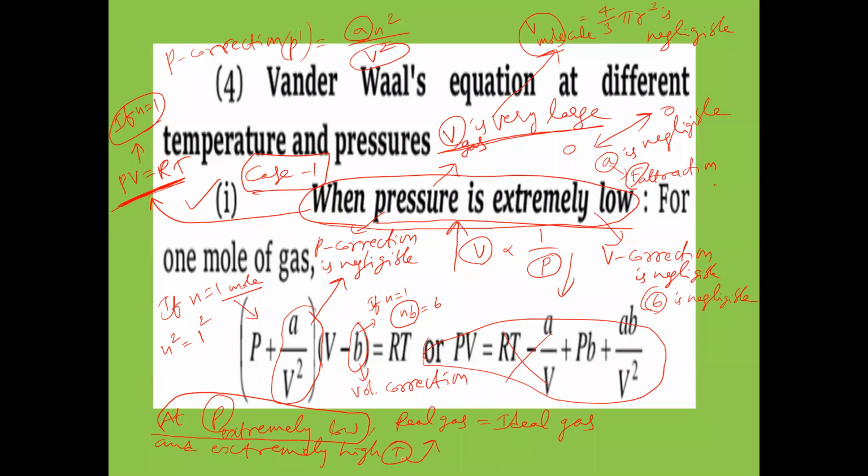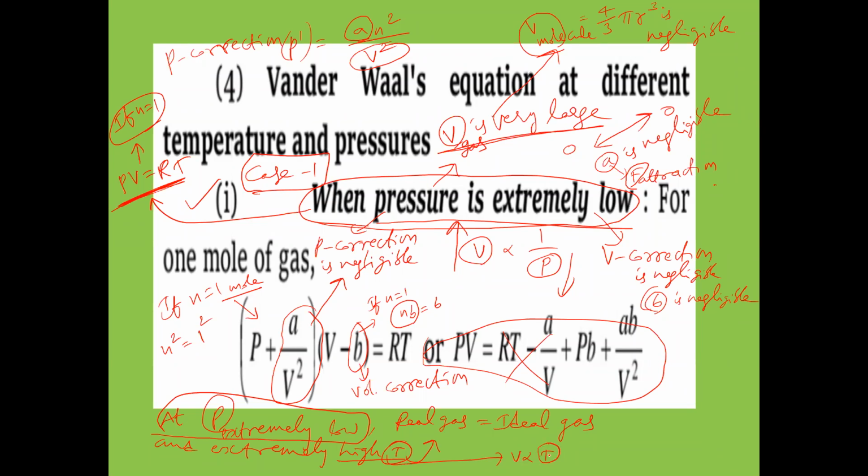Why? Extremely high temperature means volume is very high. According to Charles' law, volume is directly proportional to temperature. When temperature is extremely high, volume also will be extremely high.